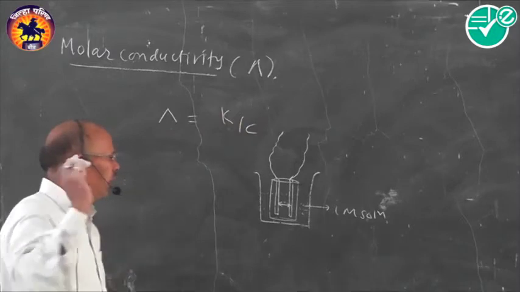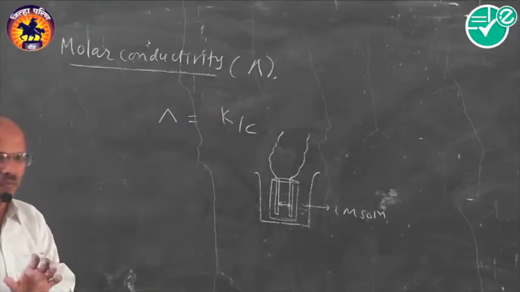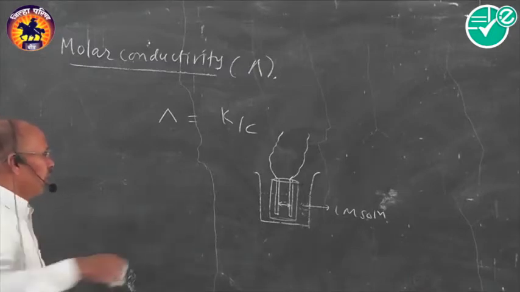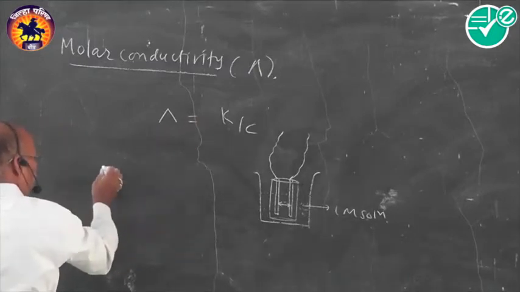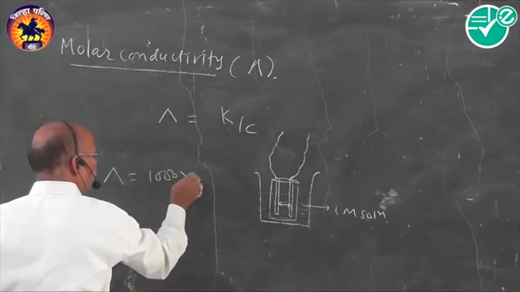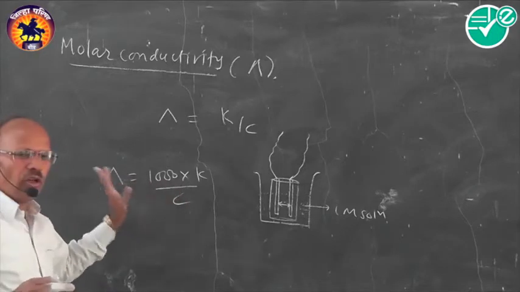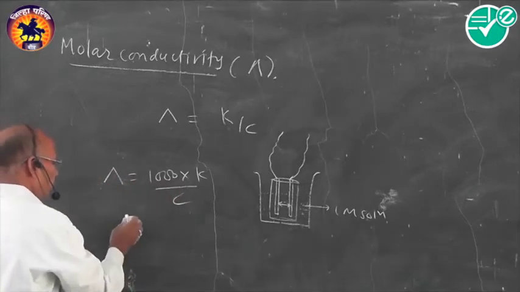Remember like this. Now, the second important point is the unit for the same. If we think about the unit, we write the equation like this: lambda is equal to 1000 into K divided by C. Now, we check the unit for molar conductivity.